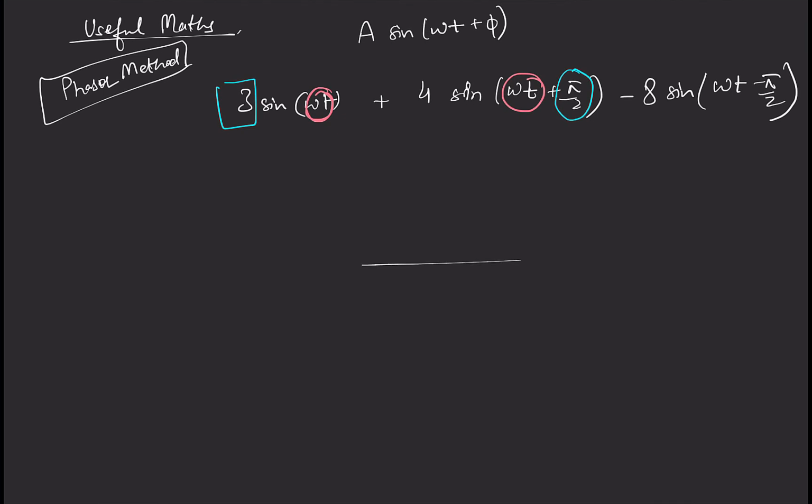So we'll again take omega t as reference. 3 would be on the x-axis, 4 would be at an angle of plus pi by 2, and oh sorry, it's not minus, let's say it's plus. So we are adding everything. And then 8 would be at an angle of minus pi by 2 from omega t, which would be minus 90 degrees. So this direction we are assuming is positive. So this 8 would be here.